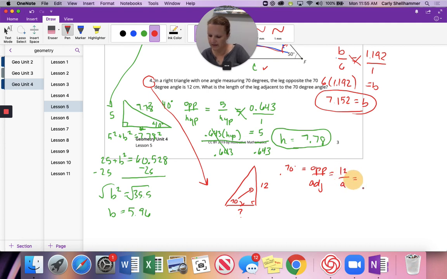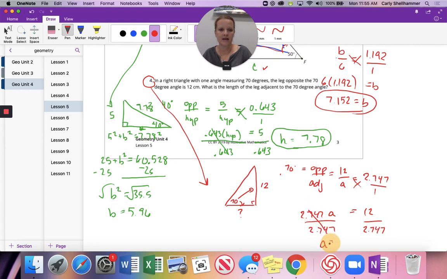And my chart says opposite over adjacent is 2.747 over 1. Cross multiply, I get 12 equals 2.747 times A. Divide both sides.